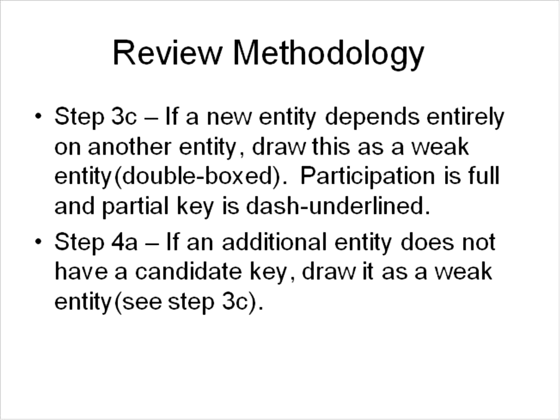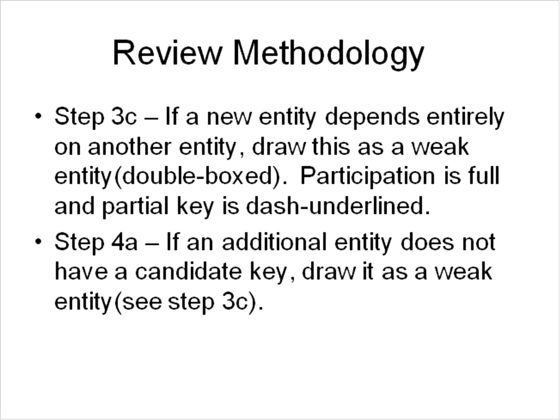Okay, so if we are talking about the methodology that we were trying to develop, we modified step 3C. So if a new entity depends entirely on another entity, draw this as a weak entity. Double box. Participation is full and partial key is dash underlined.